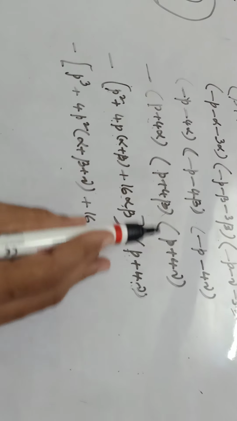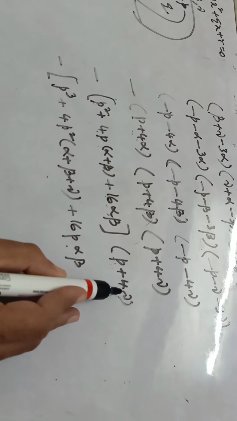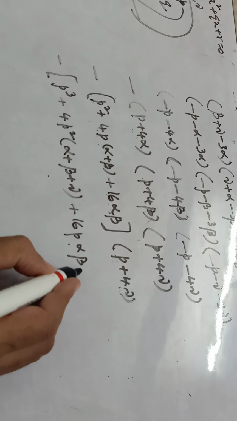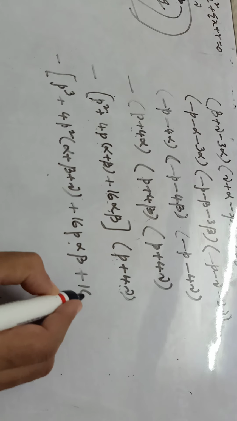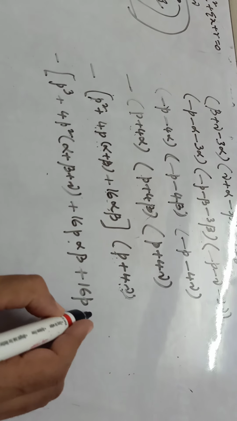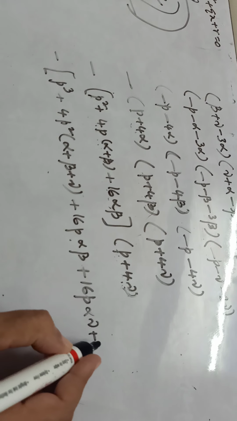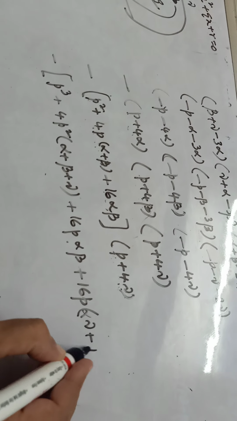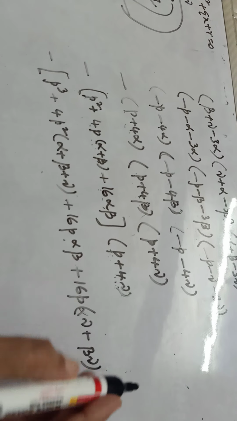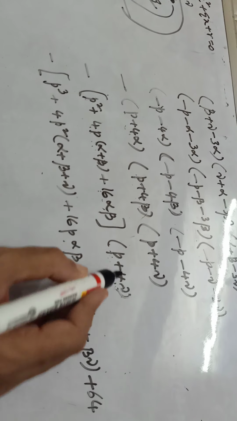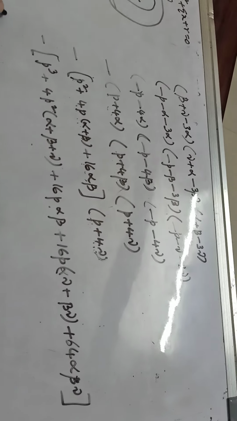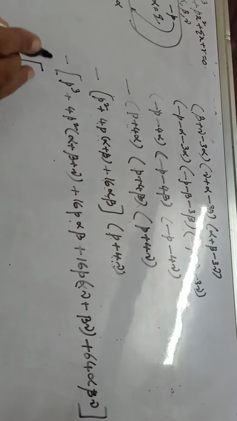Now multiply this with this. Again 4 fours are 16p, alpha gamma plus beta gamma. So 16p (alpha gamma plus beta gamma). Now the final term is 16 fours are 64 alpha beta into gamma, that is alpha beta gamma. This is just algebraic multiplication, simple one.